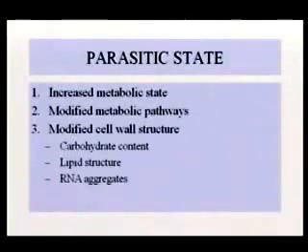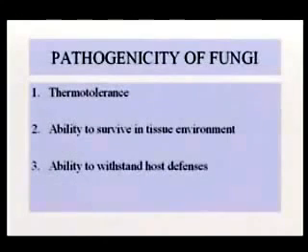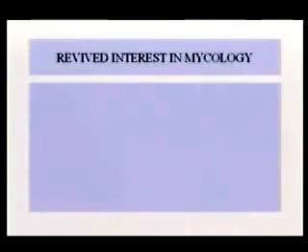And we'll get into this a little more when we discuss some specific diseases. They tolerate the high temperature of the human body. They survive in tissue. A tissue environment is hostile to microorganisms and foreign bodies and everything, but certain of these fungi will survive in the body and they withstand the host defenses.